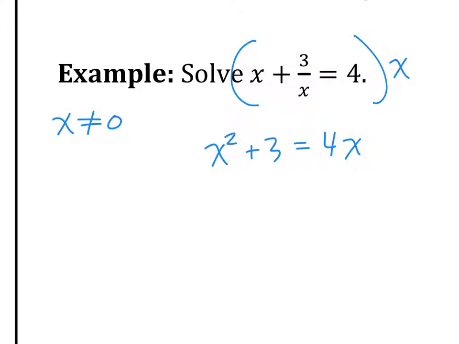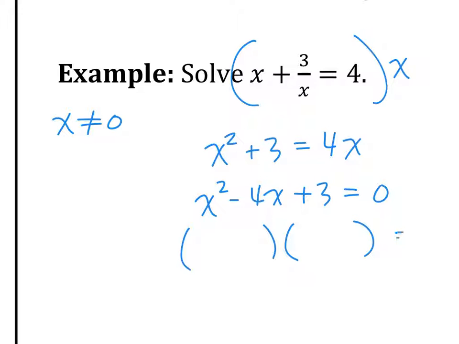All right, this is very easy. We are going to solve this. How do we solve this? Factor, but before you factor, minus 4x. X squared minus 4x plus 3 equals 0. Now we just factor it and solve. Okay, you can do this.